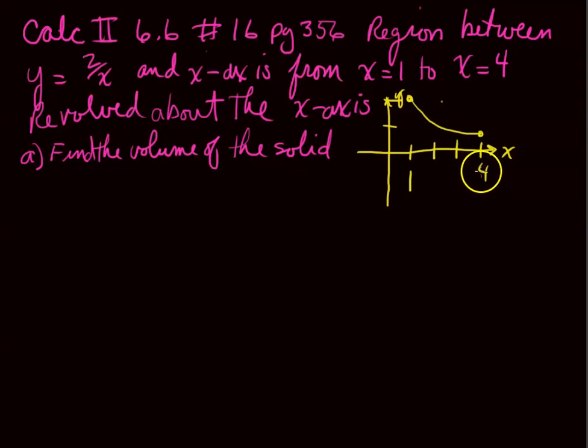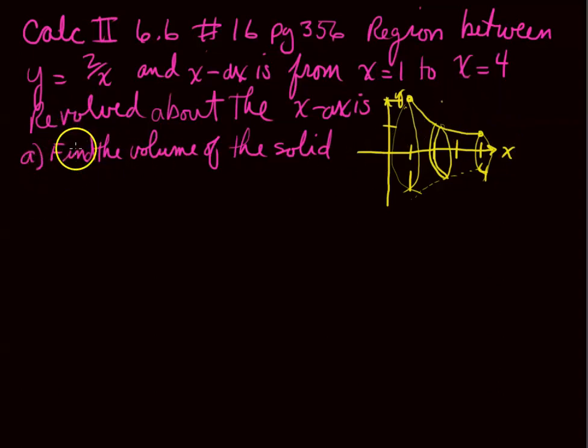So we've got the same curve here, and if we rotate it around the x-axis, we have a solid that we can use a slice of. So we use the disk method to find the volume.